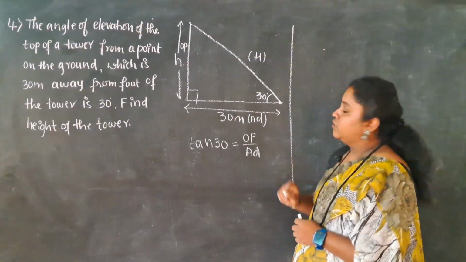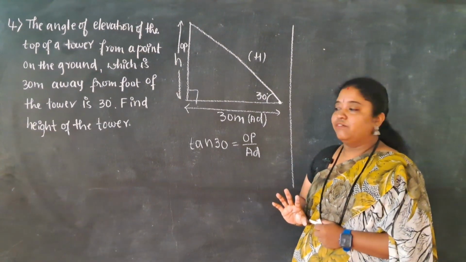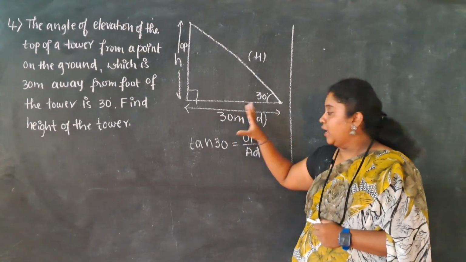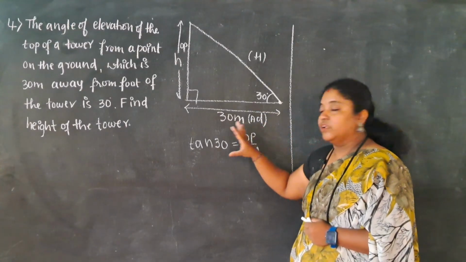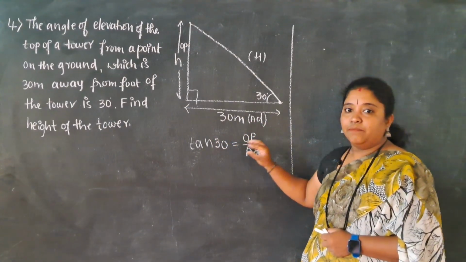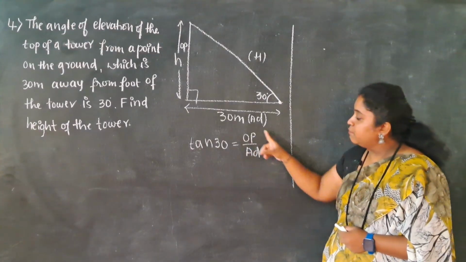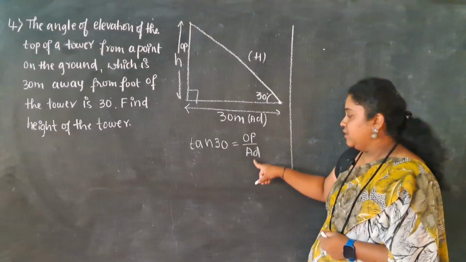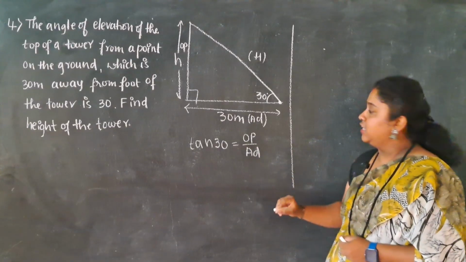So tan 30. Remember the tan 30 value. That is what I am telling while solving every question: make sure that you are perfect with all the trigonometric values, and you should be very careful about how you are writing the formulas. Tan 30 is equal to opposite divided by adjacent.